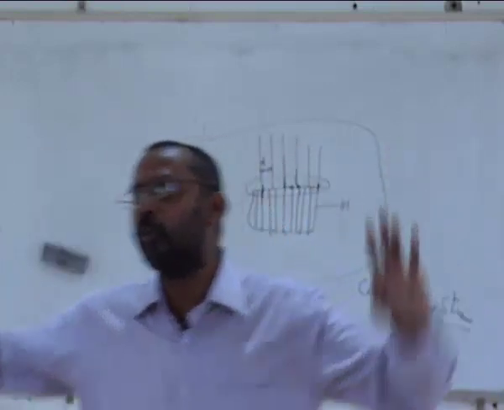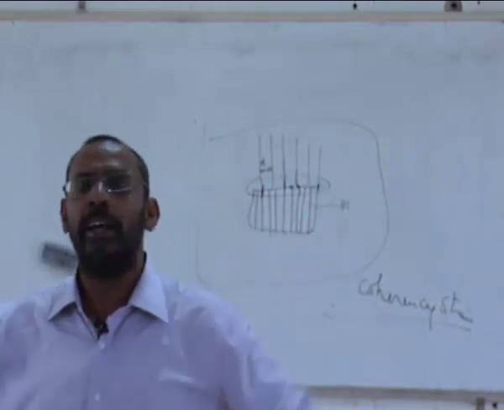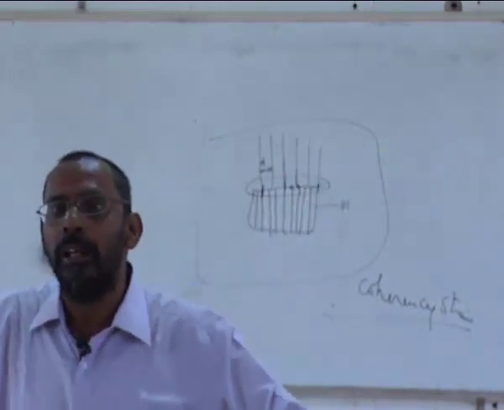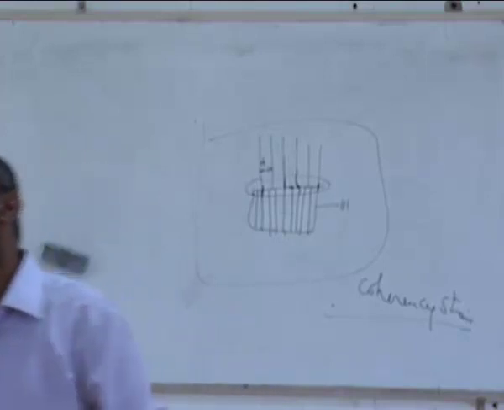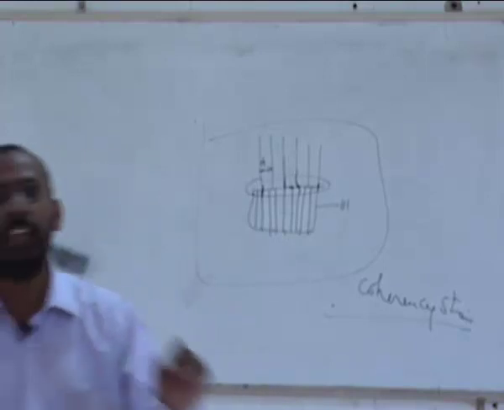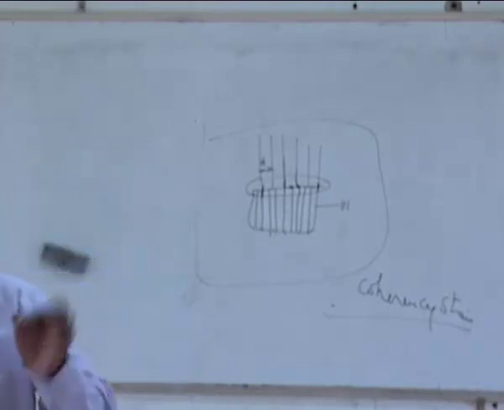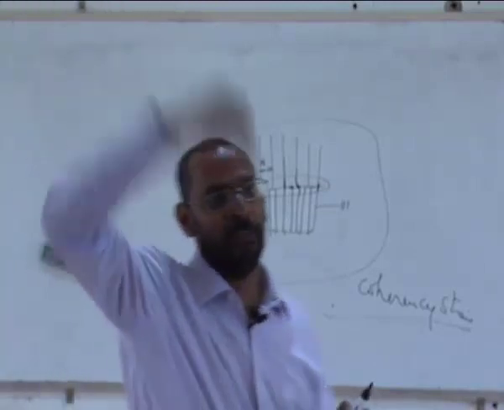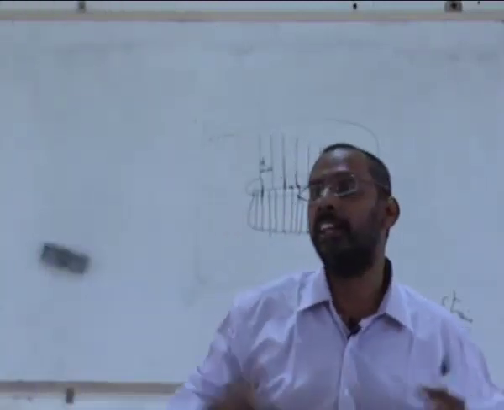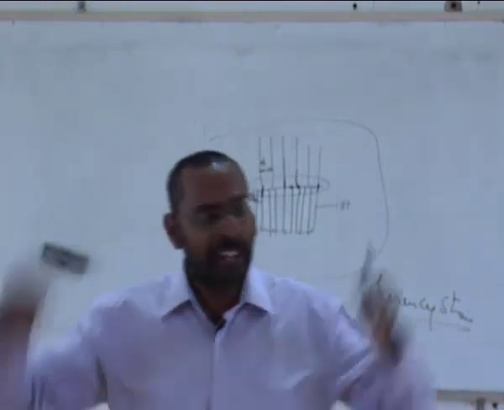But if I don't want to cool fast, I want to cool it in a sand mold only, can I still make the grains smaller? We say what is called grain refinement, something called inoculation, if you have come across this word. People add heterogeneous nucleating sites into it. These are called grain refiners.